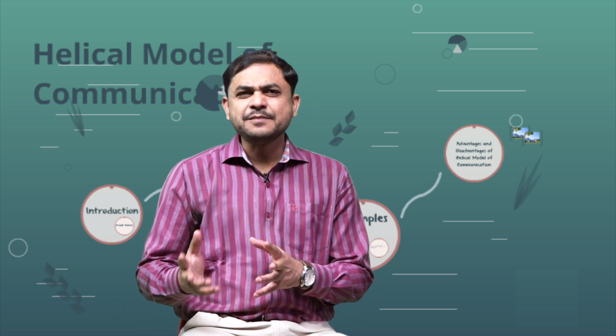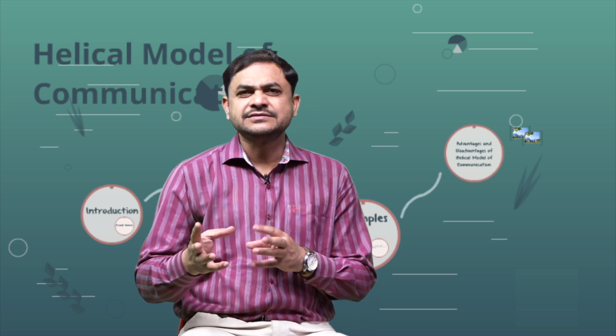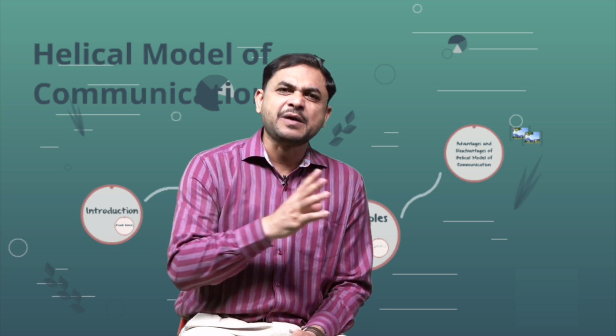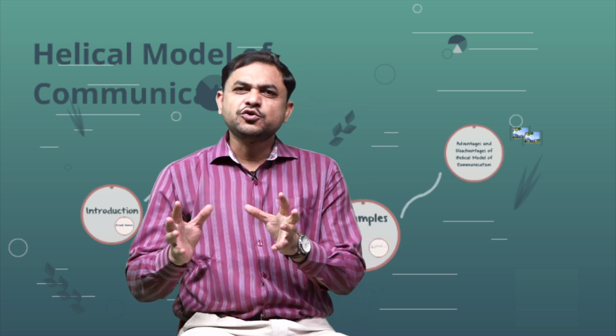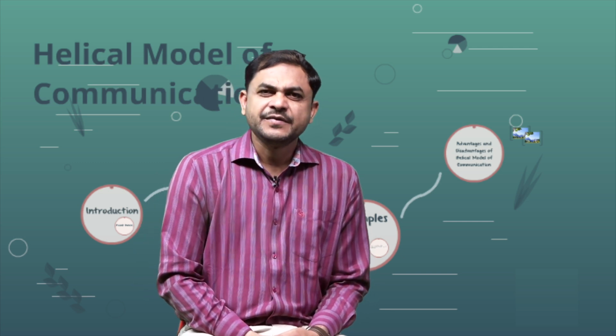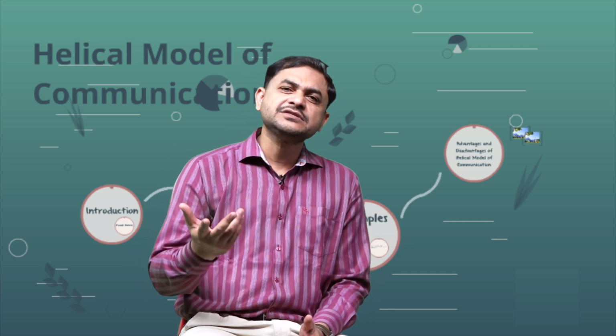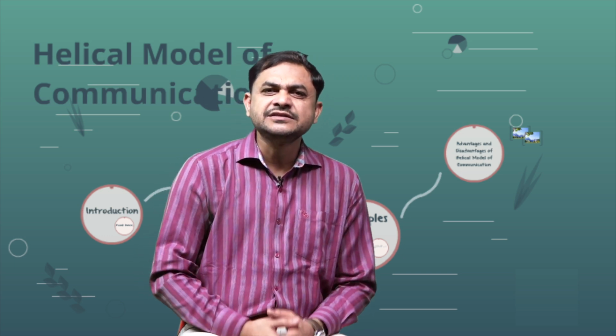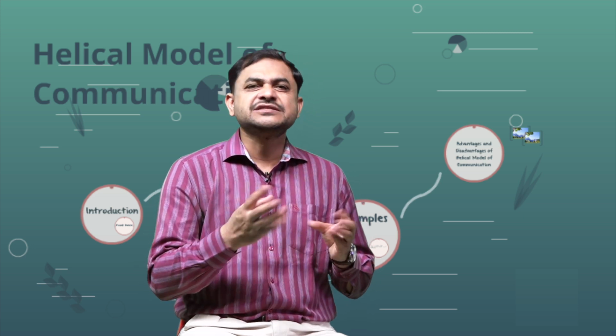The helix shape and its significance. Imagine a helix, a three-dimensional spiral. This shape is crucial in understanding the Dance Helical Model. Here's why. Continuous process: the helical shape suggests that communication is ongoing. It never stops.